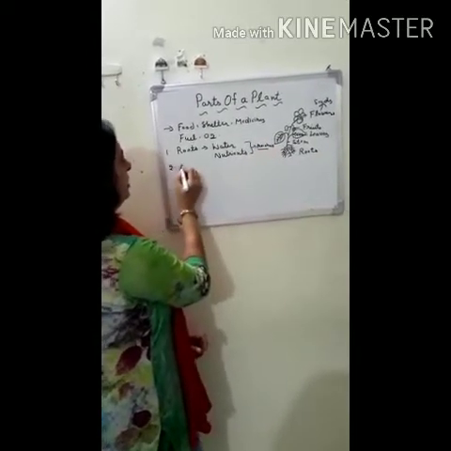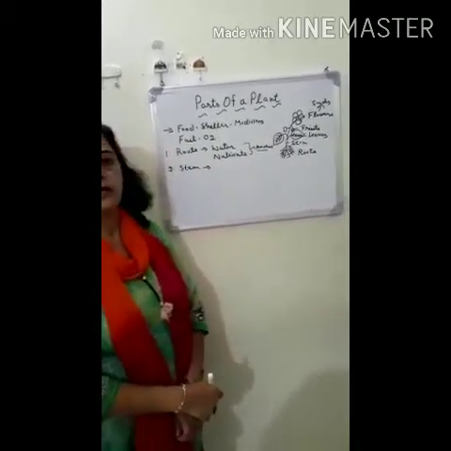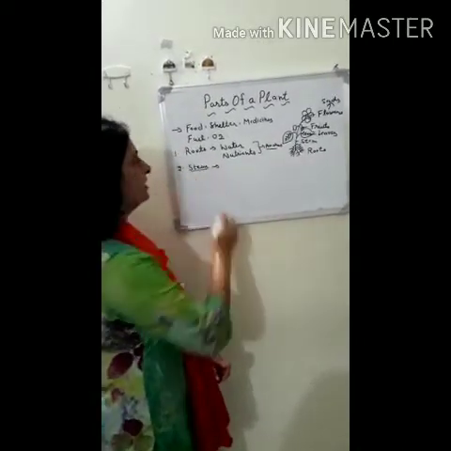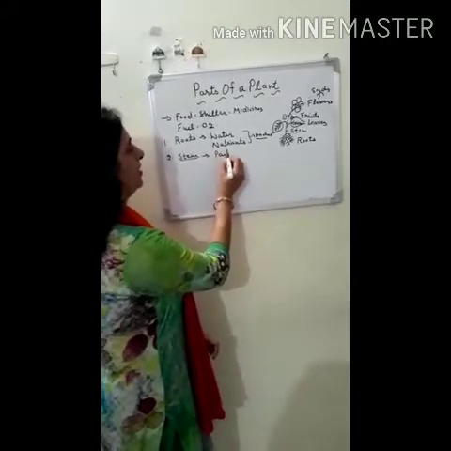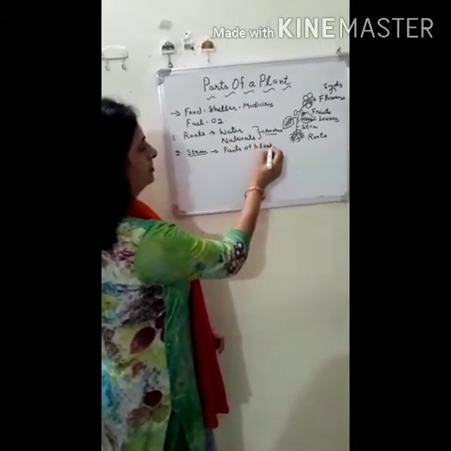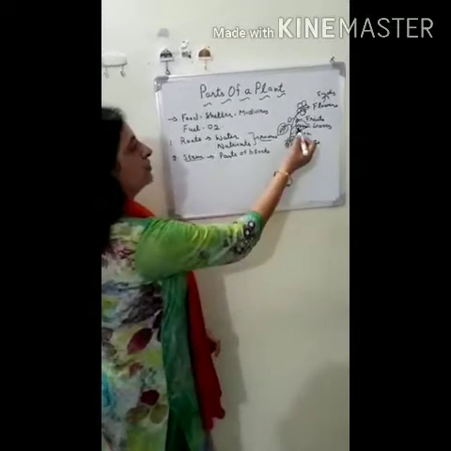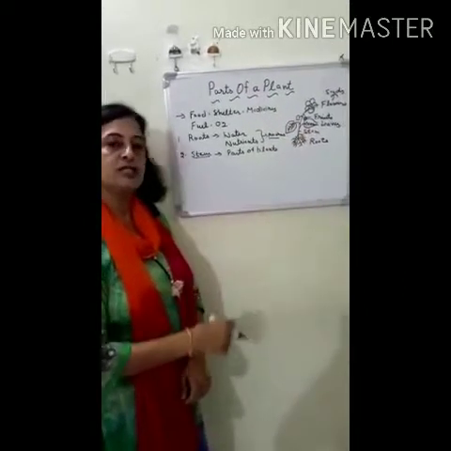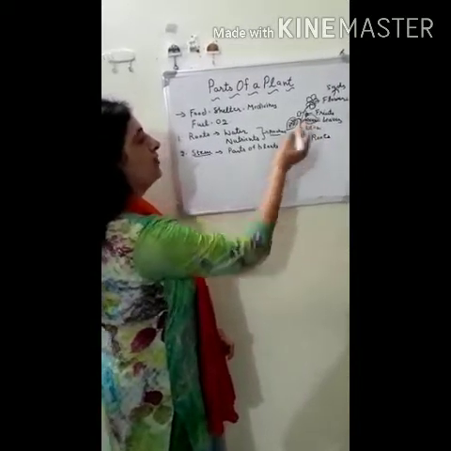Now, the water and nutrients absorbed by the roots are conducted by the stem to the different parts of the plant. And in the same way, food prepared by the leaves is also conducted by the stem to different parts of the plant.